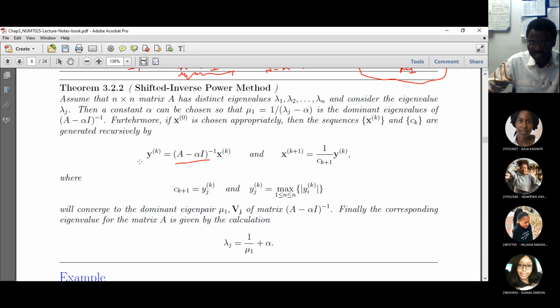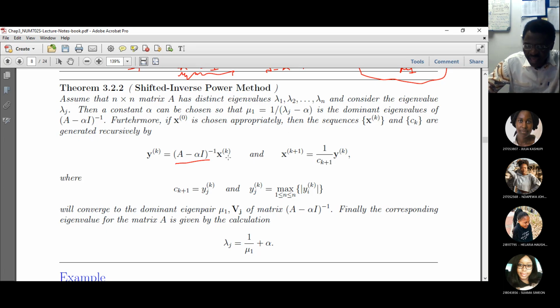Once we obtain this yk, remember that in this yk there are components, and you identify the entry with the largest magnitude and you project along it. So instead of doing the projection, we do this directly. They are equivalent.